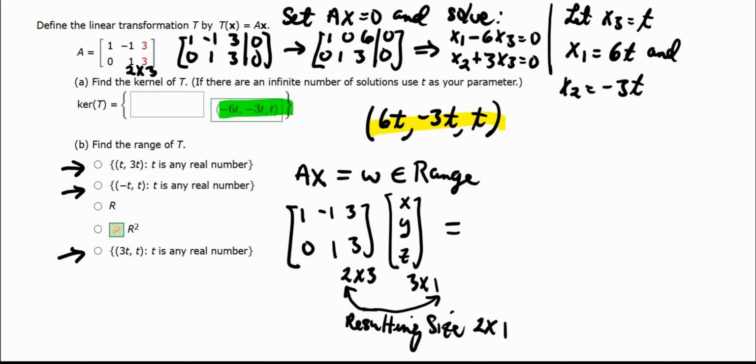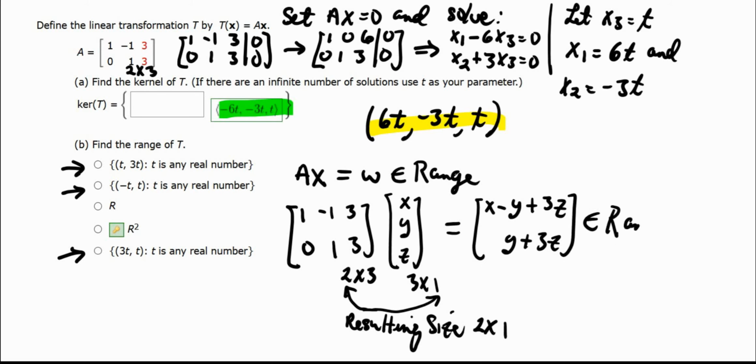So what's going in the range is a 2-tuple vector, right? So this range looks like this: x minus y plus 3z, that's just one value, and then y plus 3z. This is in the range. If I had put numbers there for x, y, and z, like 1, 2, and 3, we would have gotten two numbers, right? So this is a 2 by 1.